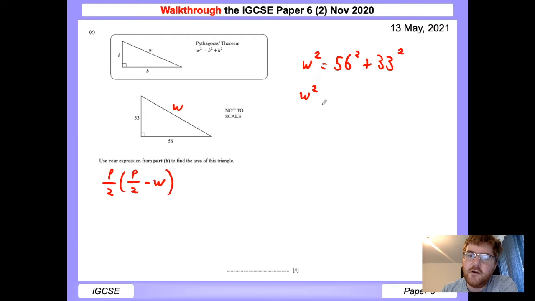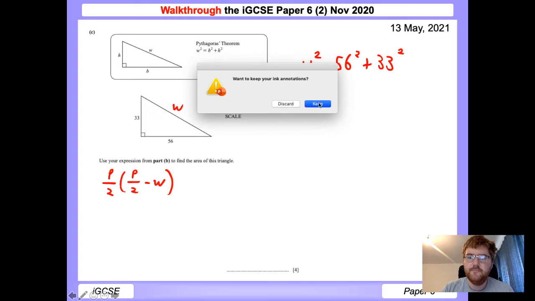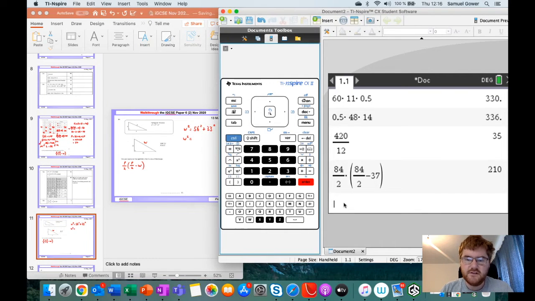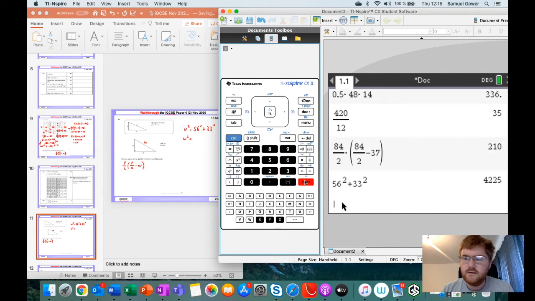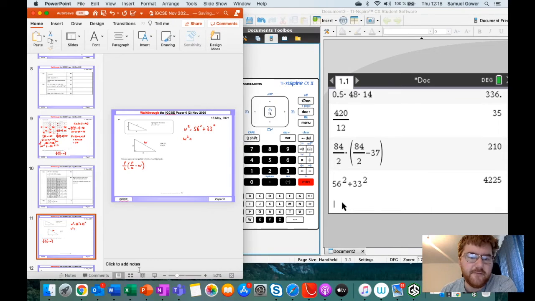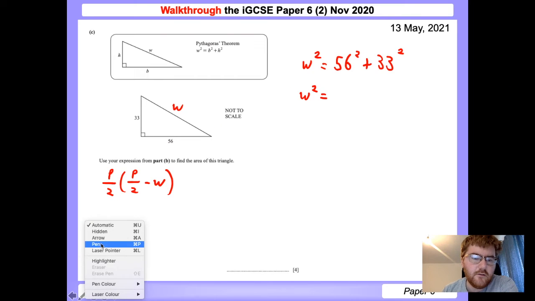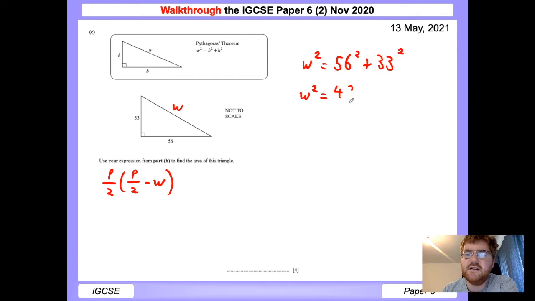So if I work this out on my calculator, 56 squared plus 33 squared, and showing all my working, very important, gives me 4,225. Again, always writing your steps in paper 6. And then think, what's the opposite of squaring? Well, that's going to be square rooting. So we're going to square root both sides.